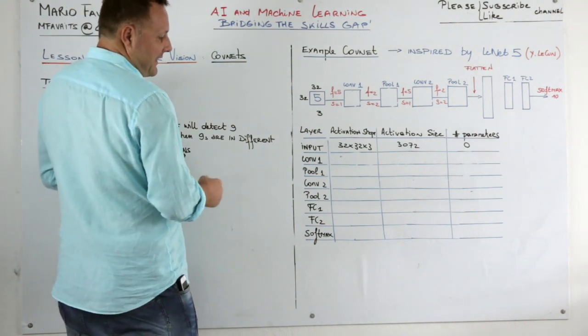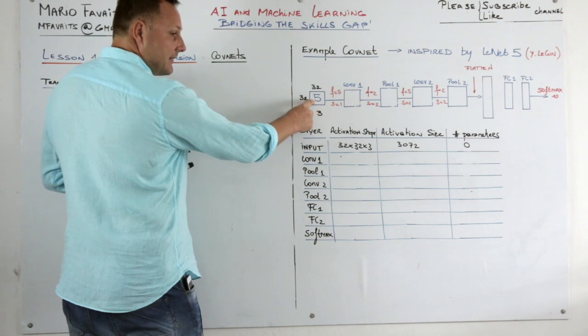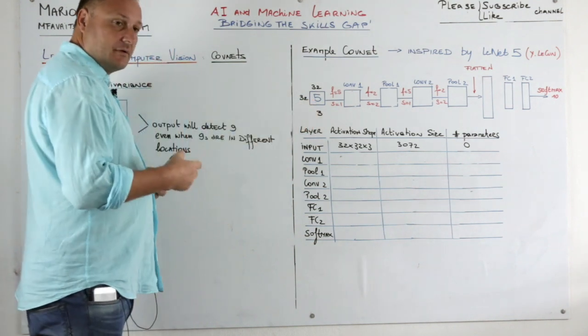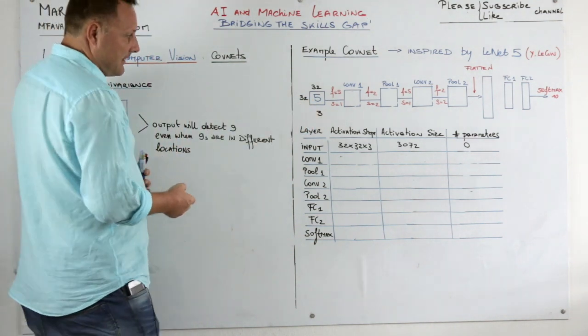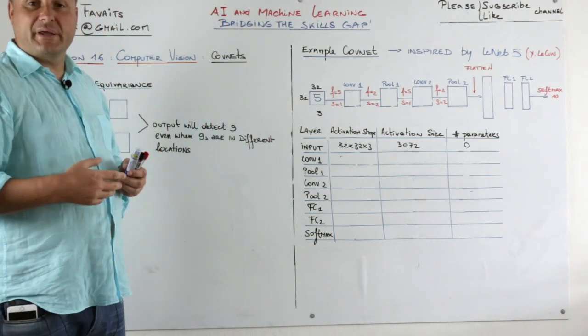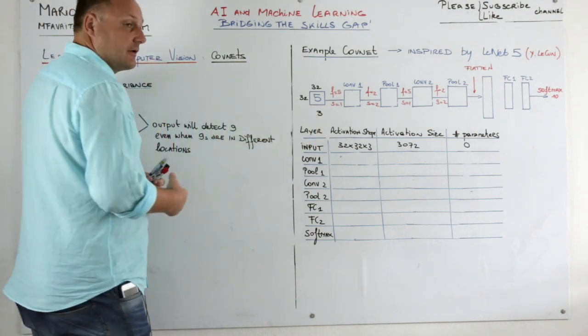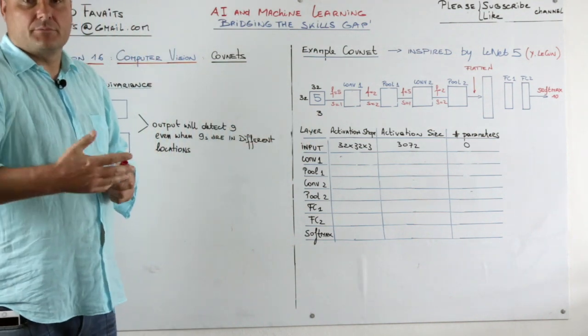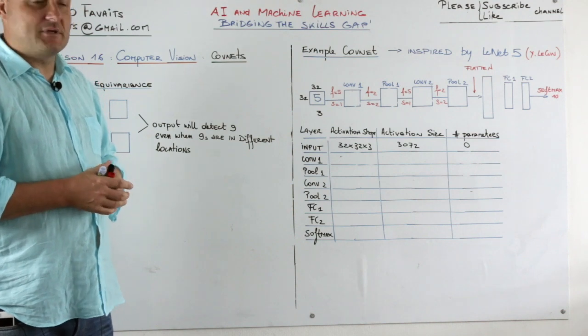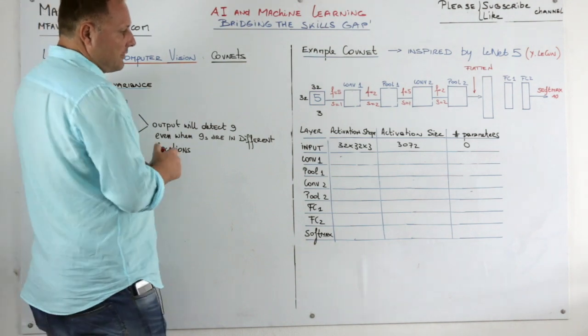So basically what we have is a digit, and the size of that digit is 32 by 32 pixels. It will have 3 channels, so practically this means a color image of a digit.